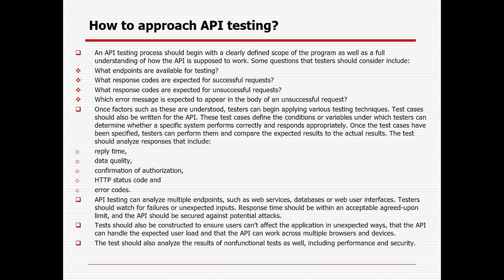Once the test cases have been specified, testers can perform them and compare the expected result to the actual result. The tester should analyze responses that include HTTP status, data quality, confirmation of the authorization, HTTP status code, and the error code. API testing can analyze multiple endpoints such as web services, databases, or web user interfaces.